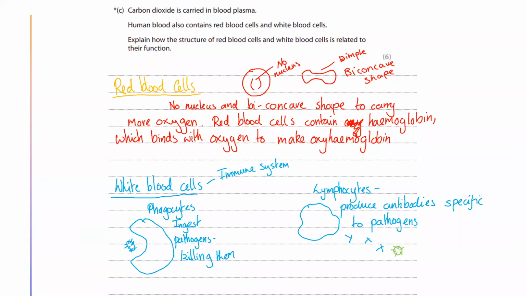Then the antibodies will attach themselves. They'll tag them, so that the phagocytes will notice that they are an invader organism and kill them. And they also produce antitoxins, because some bacteria produce toxins.